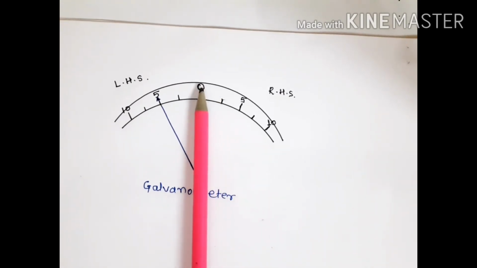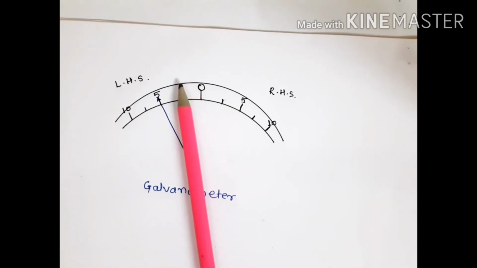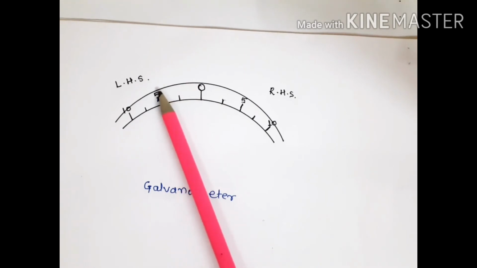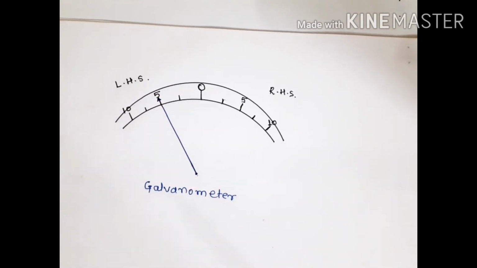If we start touching at various points on the meter bridge wire from point A, the needle starts to deflect towards phi. And at point D, let us consider that the galvanometer shows the deflection phi.